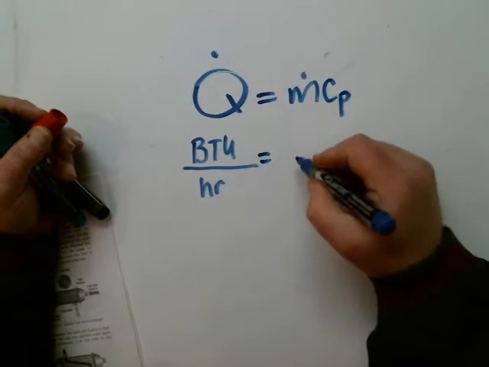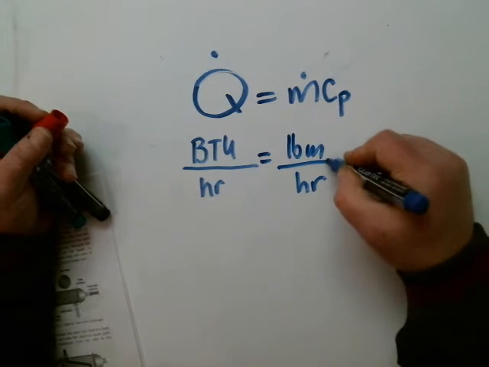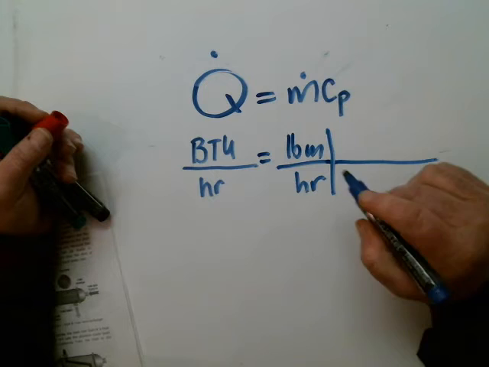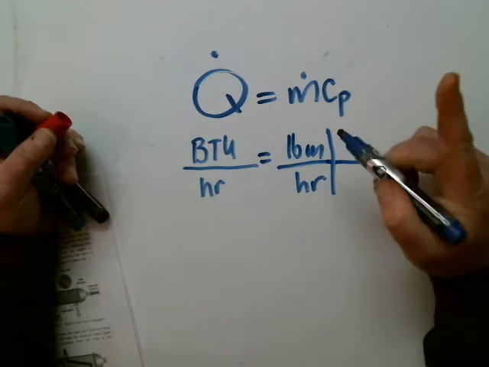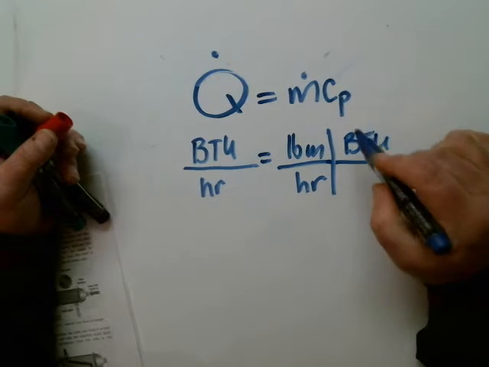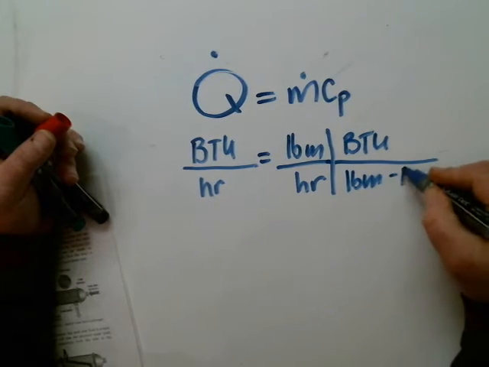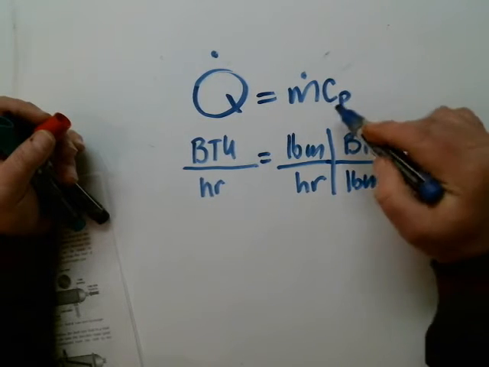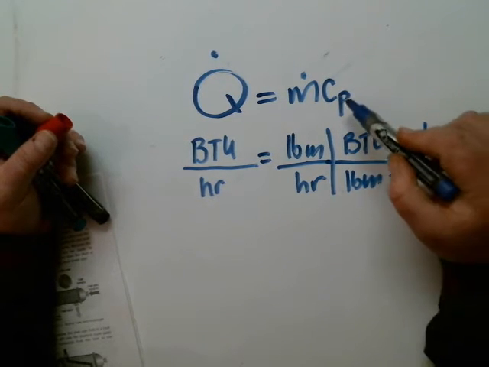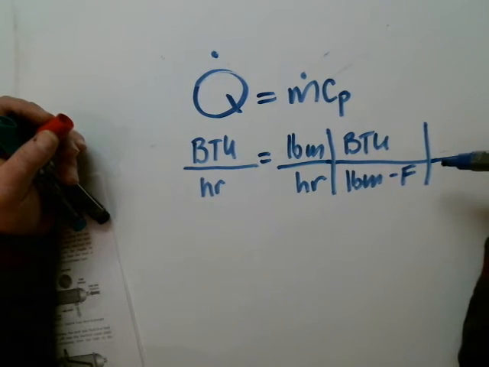So mass flow rate is pounds mass per hour. Specific heat capacity is essentially the ability of the fluid to hold energy. And it's specific, so it's going to be BTU per pound mass degree Fahrenheit. So the unit for specific heat capacity, which is called C sub P, is BTUs per pound mass degree Fahrenheit.